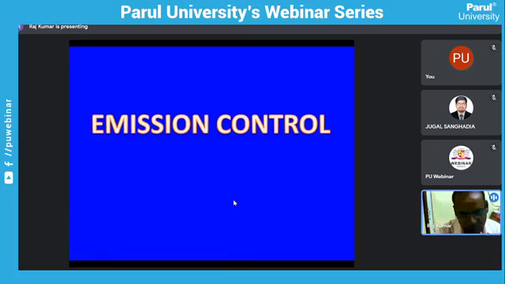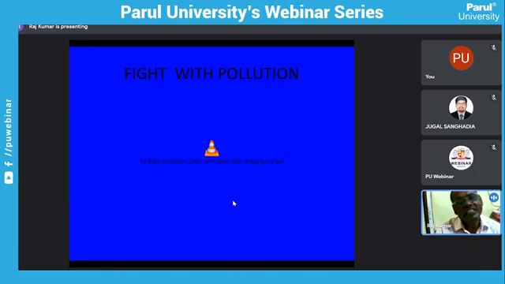Now we come to the most important thing, that is emission control. We are running in a scenario where we are facing this problem, as we have faced the COVID-19 problem.